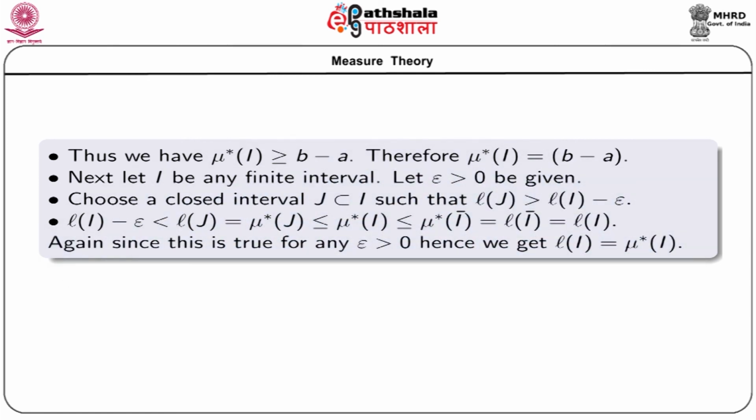Since this is true for any epsilon greater than 0, so we get l of I equal to mu star of I, that is for any finite interval. Now, we have the result that the Lebesgue outer measure of any finite interval is equal to its length.